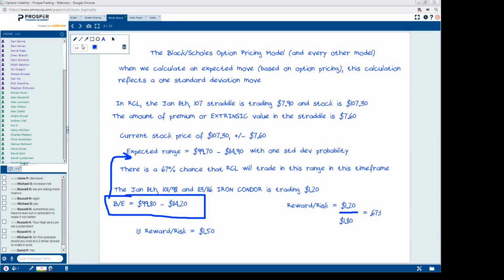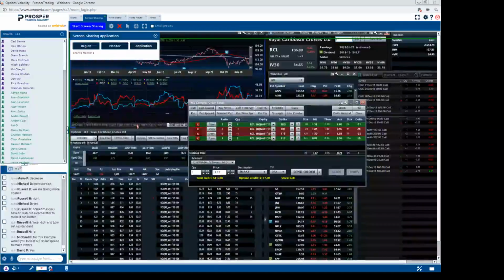So Michael, funny that you say that, because behind the screen here, it's like Wizard of Oz, don't pay any attention to the man behind the curtain. I actually adjusted the strikes here slightly to see how that would affect the reward to risk. I adjusted it to $2.50 wide to the downside, but $2 on the upside, just to see.